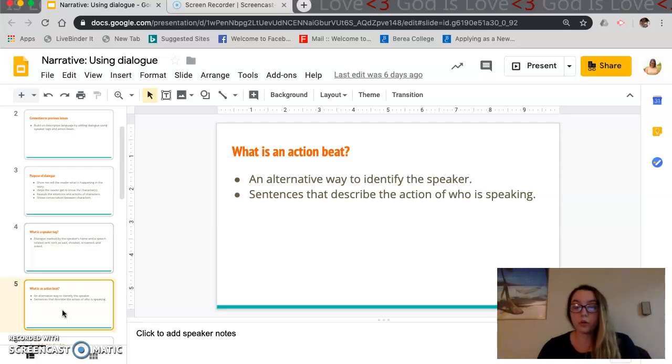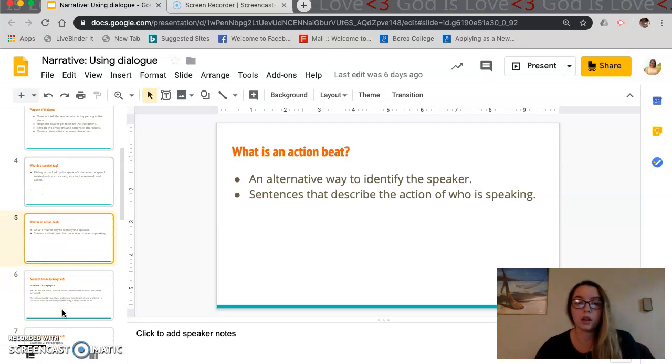Notice the action beat, Anna pushed her glasses up her nose. As a reader, you can visualize a girl sitting or standing there pushing her glasses up her nose, and as she's doing this, she's squinting, trying to read because her glasses aren't quite on all the way yet.